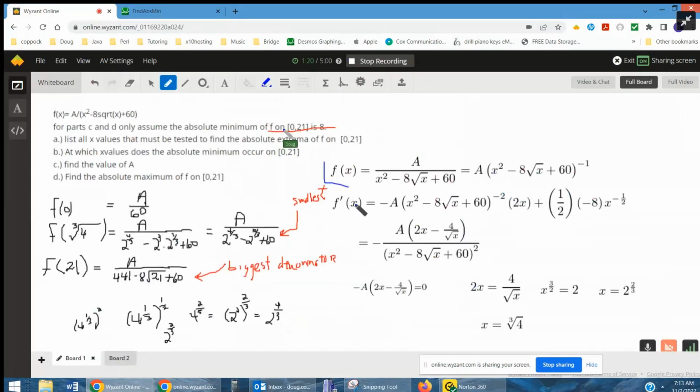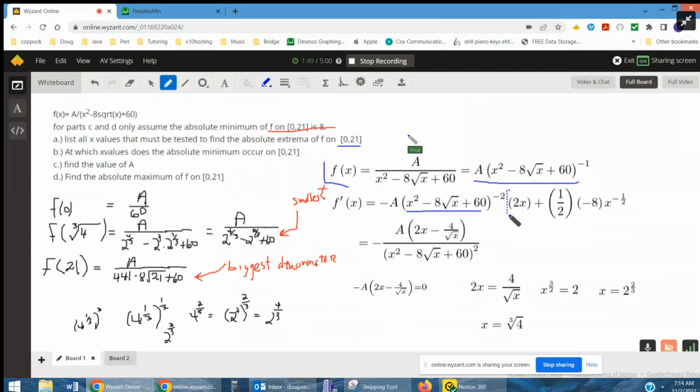Okay, so to find the places where the absolute max and min might occur, let's find f prime. Notice I rewrote this way. The negative 1 for the denominator is an exponent. So applying the power rule, opposite of a times that denominator raised to the minus 2 times the derivative of the inside.